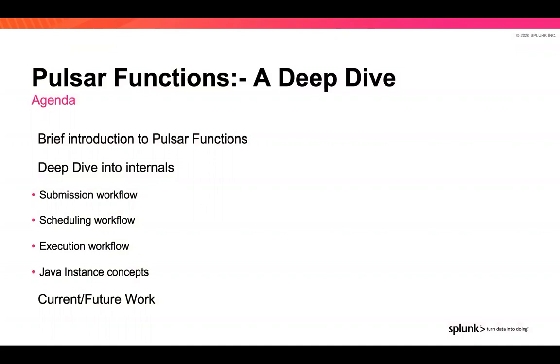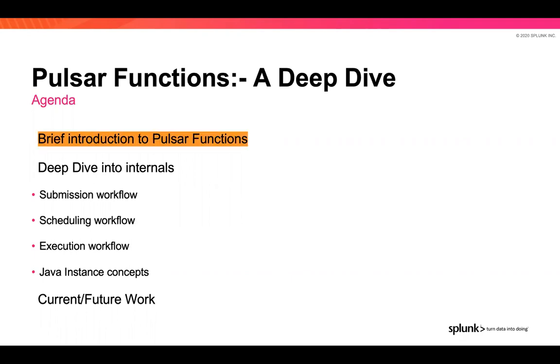Then we'll do a deep dive into the internals of Pulsar Functions itself, the life cycle, if you will, of a submission of a function, how it gets scheduled onto the individual workers to get executed, and then the execution workflow itself. And then we'll finish off with some Java-specific concepts and an overview of current and future work and improvements to the framework, as it's an ongoing and rapidly changing ecosystem.